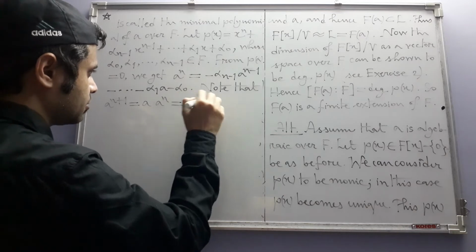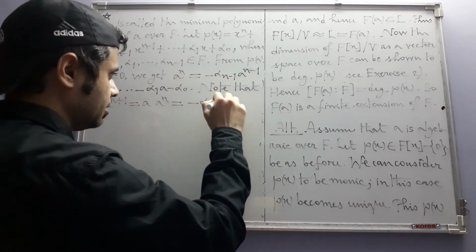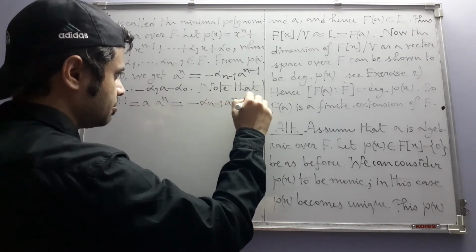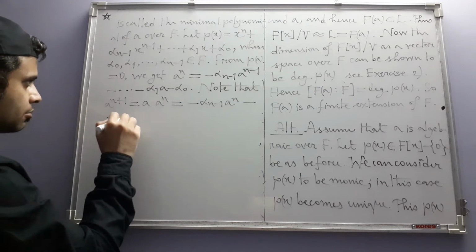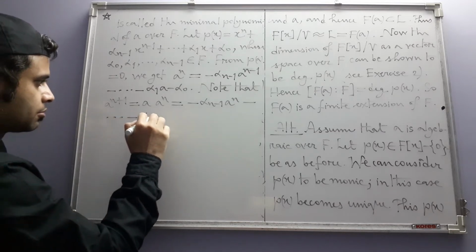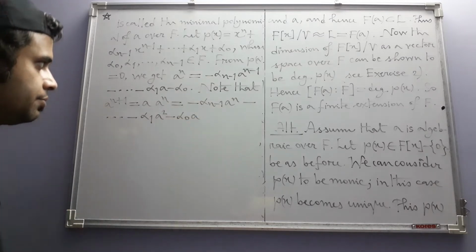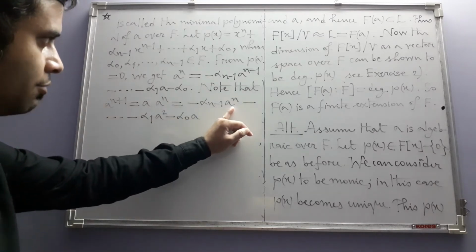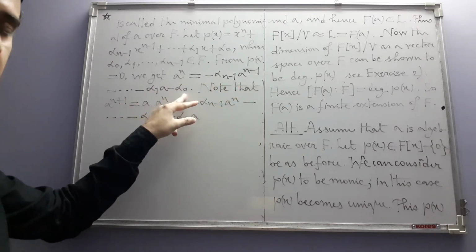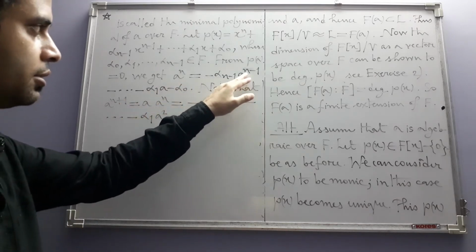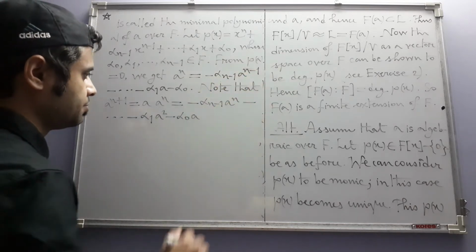So this is equal to, if we multiply this expression by A, we get this: minus alpha n minus 1 A to the power n, and so on, minus alpha 1 A square minus alpha naught A. In place of this A to the power n, we can again substitute this expression, which is a polynomial expression in A, where the highest power is A to the power n minus 1.